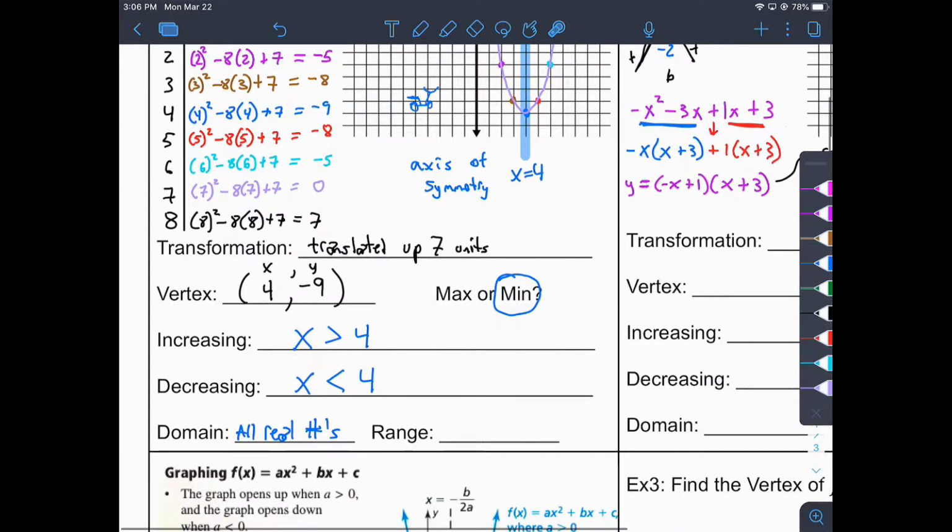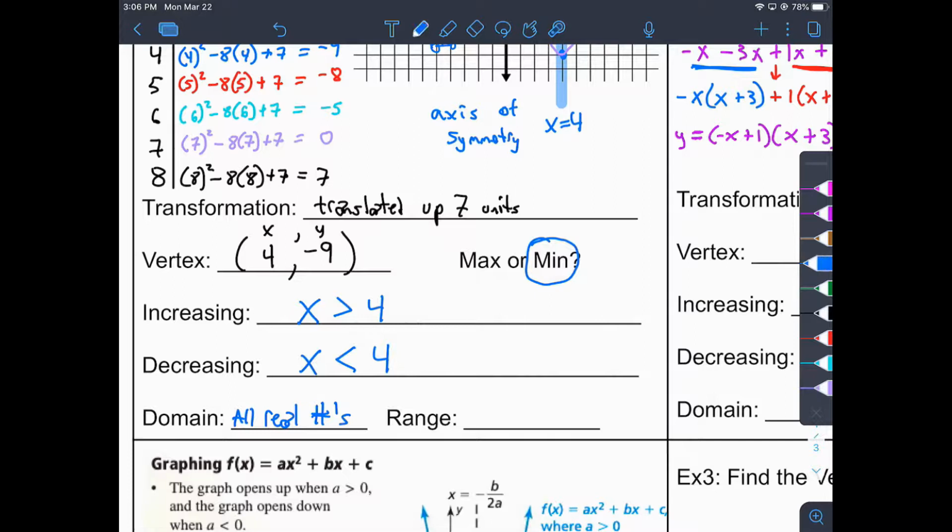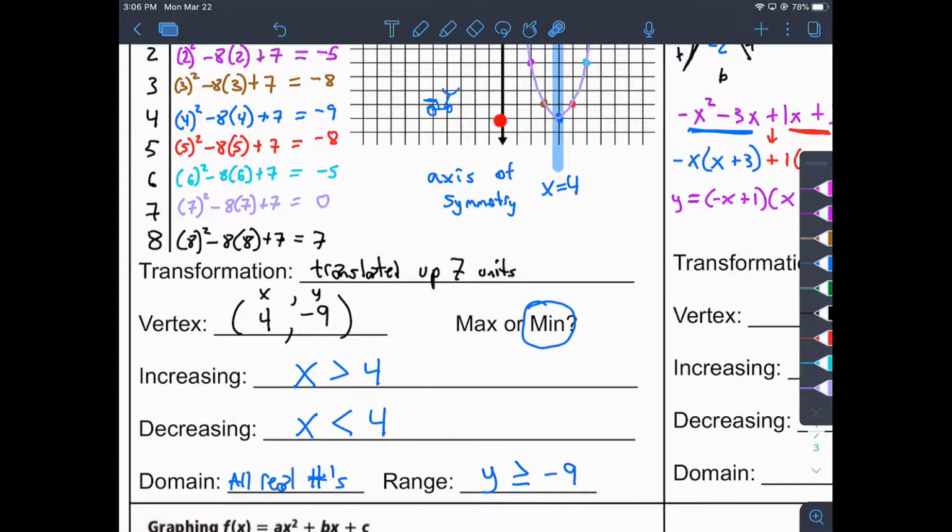That is the description of the range, saying that I can look at any y value as long as it's greater than or equal to -9. I say or equal to because at position -9, it sure enough touches there. So it has the or equals piece to it.